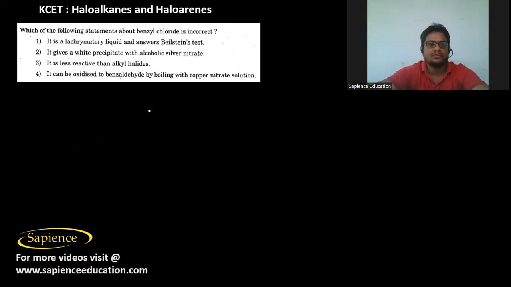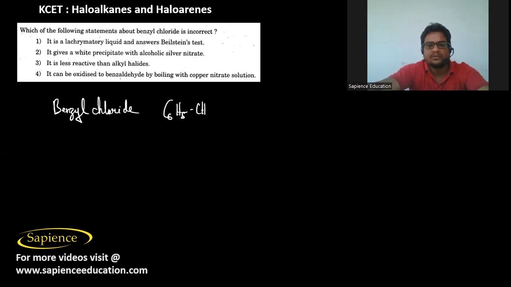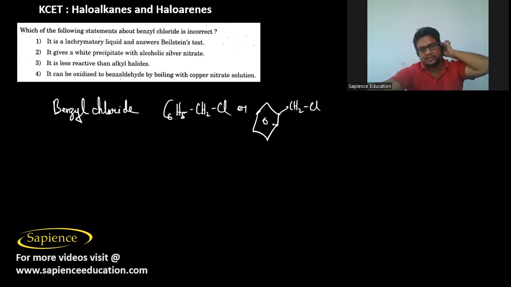Then here it is told: which of the following statements about benzyl chloride is incorrect. Now benzyl chloride is C6H5CH2Cl, or its structure is actually like this, CH2Cl, which is called benzyl chloride.